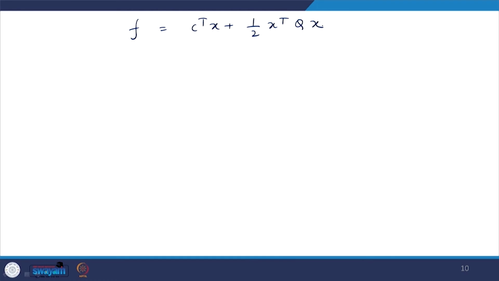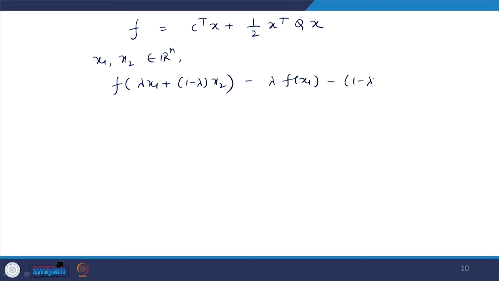To show that this function is a convex function, let us take 2 points x1, x2 in Rn and take the convex linear combination of these 2 points. The CLC will be lambda x1 plus 1 minus lambda x2. What I am trying to do here is show that this f is convex.